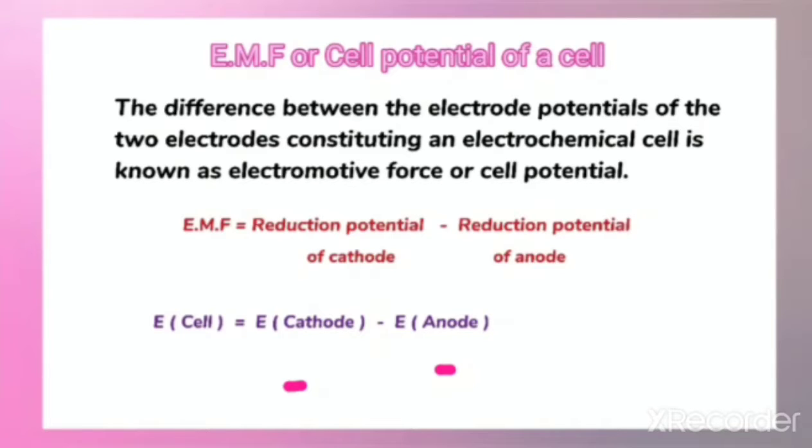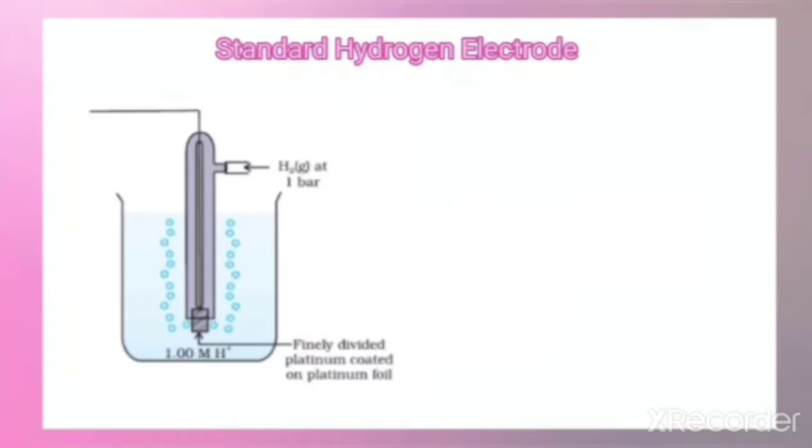So we have to find the relative electrode potential. For this we use a standard electrode, the standard hydrogen electrode, in order to find a relative electrode potential.